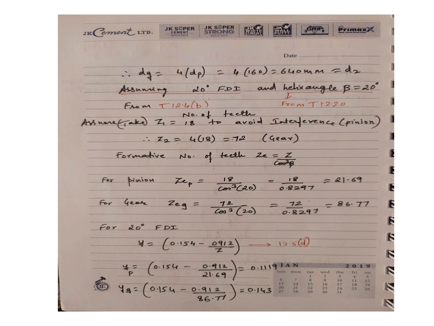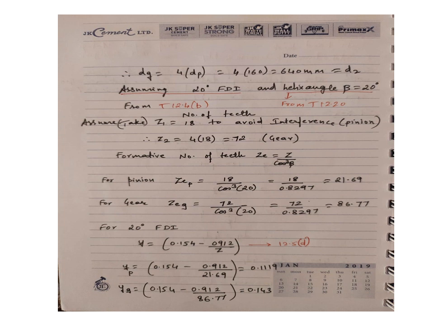Now for 20-degree full depth involute, the Lewis form factor Y is given by 0.154 minus 0.912 divided by Z, where Z is nothing but the formative number of teeth. This is as per equation number 12.5d from the data handbook. Therefore, we can calculate the Lewis form factor for pinion and gear separately.